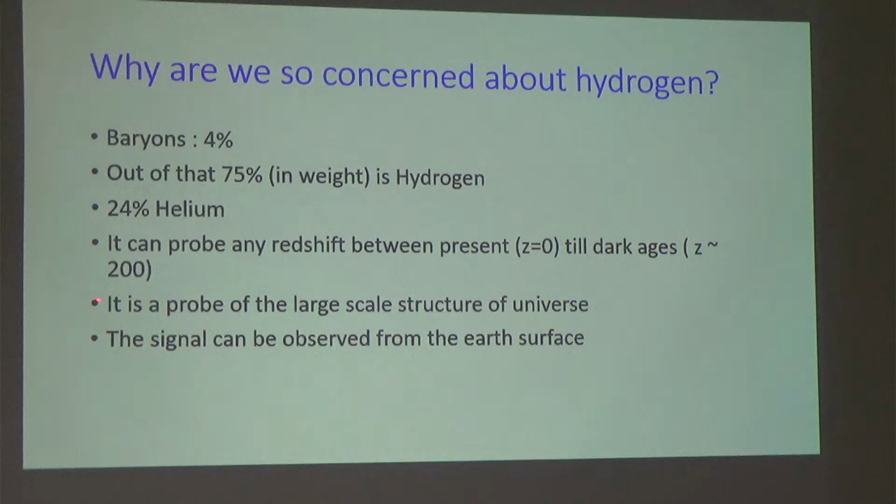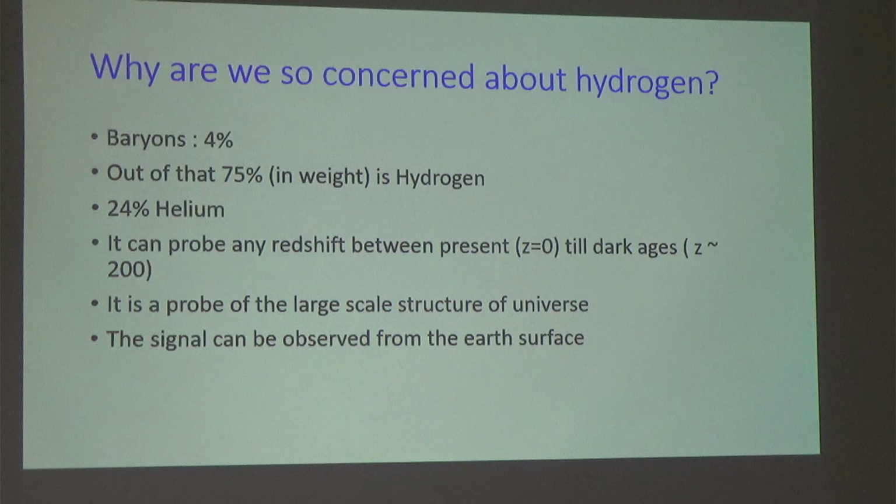The second is that it is a probe of the large scale structure of the universe. So if you can observe neutral hydrogen, you can probe the large scale structure of our universe, on scales of the order of 100 megaparsec or beyond. And there are not many other probes which can actually do that. Also, this 21 centimeter signal, and the redshifted signal as well, can be observed from Earth's surface.